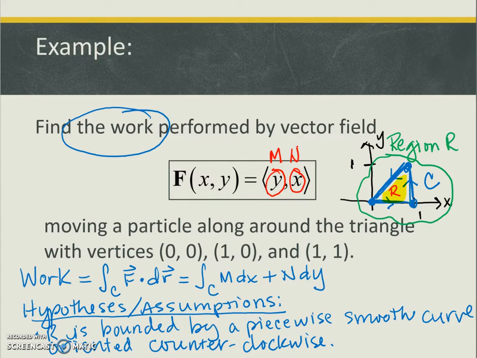So we're going to have to move on to the next slide, and what we need to know is if the partial derivatives of M and N are continuous on our region. So let's go to the next slide. And here we're going to pay attention to the continuity of the partial derivatives.